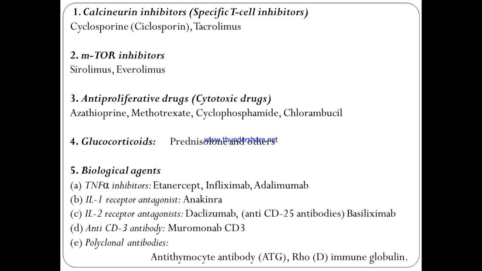Now coming to the classification. Immunosuppressant drugs are majorly classified into 5 categories. First is the calcineurin inhibitors, also known as specific T cell inhibitors, like cyclosporin and tacrolimus. Next is m-TOR inhibitors, that is sirolimus and everolimus. Next is anti-proliferative, cytotoxic drugs like azathioprine, methotrexate, cyclophosphamide, chlorambucil.